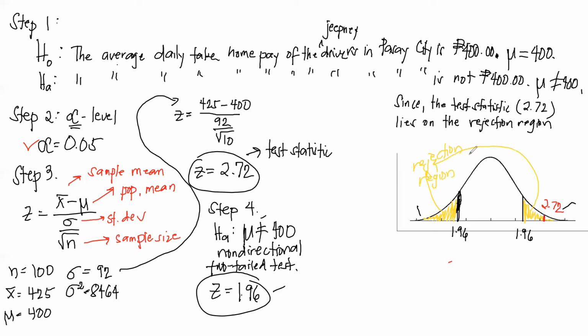Because if the test statistic lies on these regions, we will reject the null hypothesis, or the H sub O. If we reject the null hypothesis, we will consider the other hypothesis to become the conclusion.